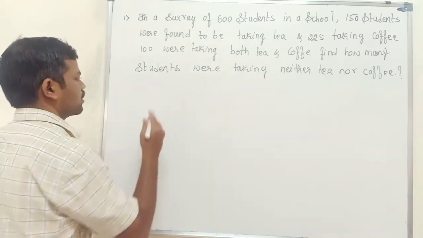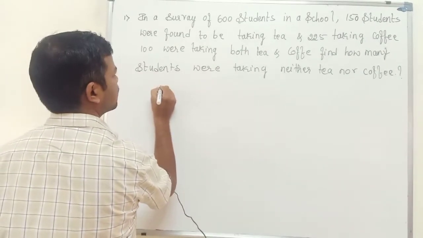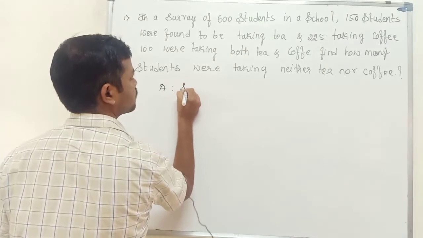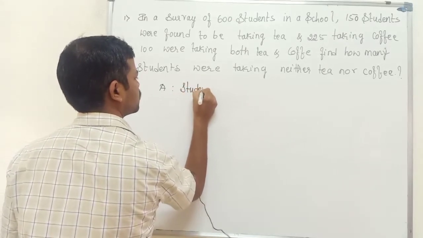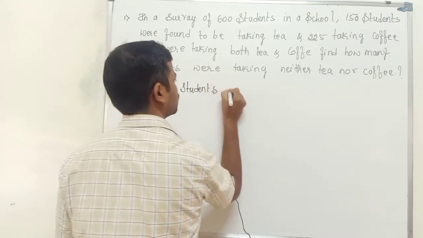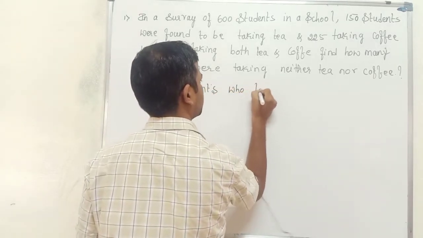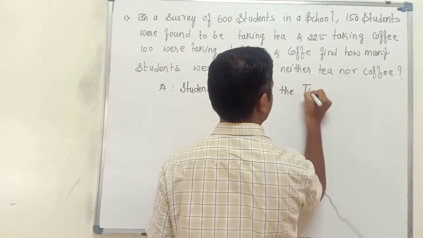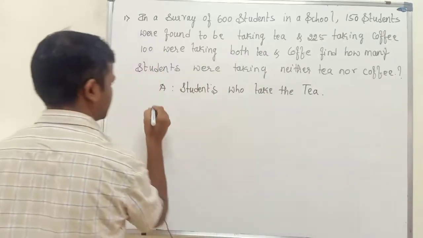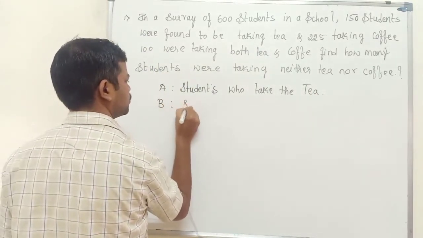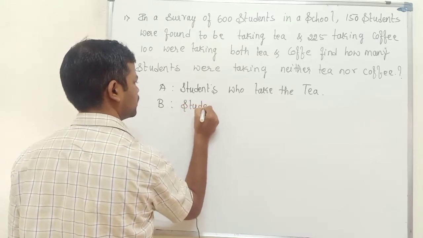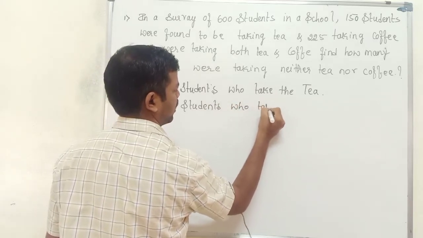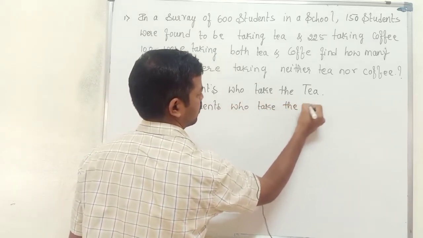Let me name them. First, let A be the students who take the tea, and let B be the students who take the coffee.